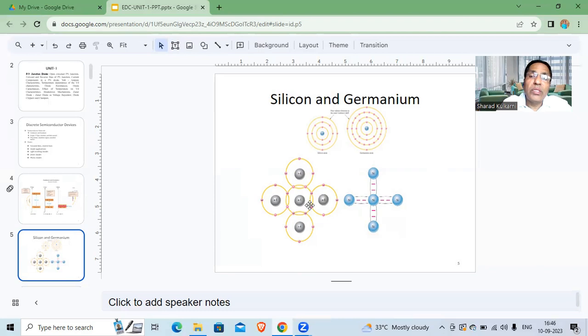But one atom has only 4 electrons. So it will share the remaining 4 electrons with neighboring atoms and form a bond, and that bond is called a covalent bond. That is a bond formed by sharing of electrons.